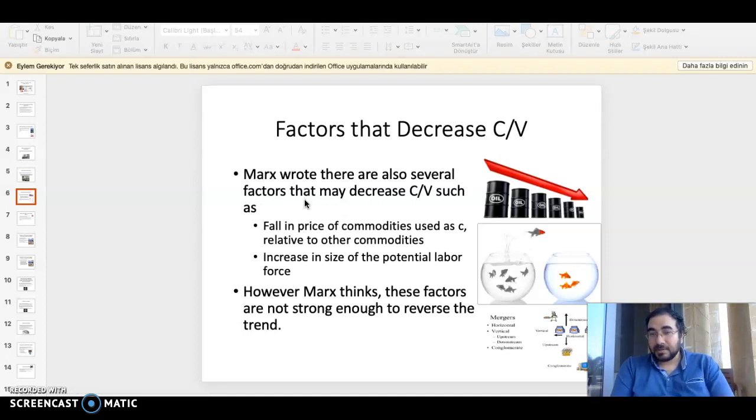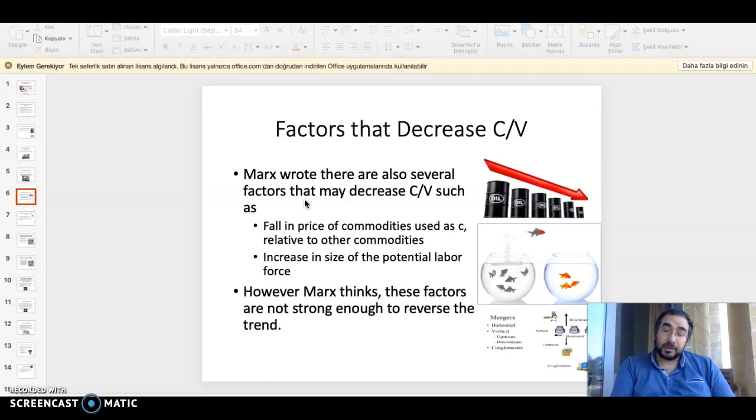my remarks there. Basically, I was saying that the fall in C over V might potentially help increase the profit rate, which we will see in the coming parts of this presentation. Of course, this is about how the rise in organic composition will affect the profit rate.